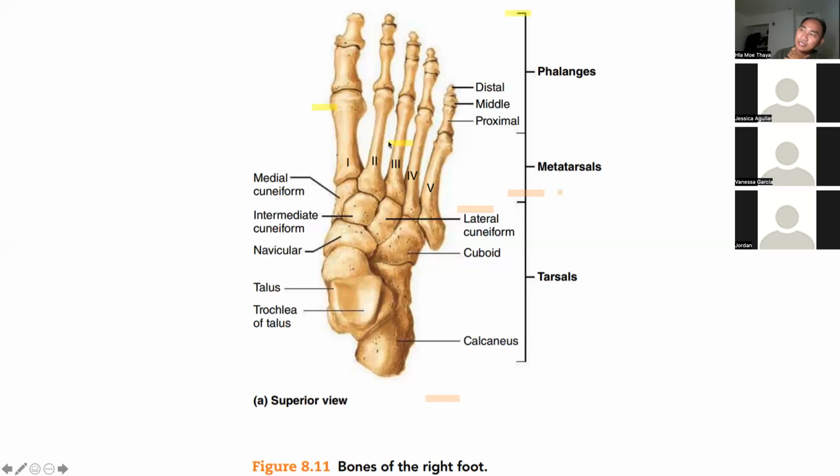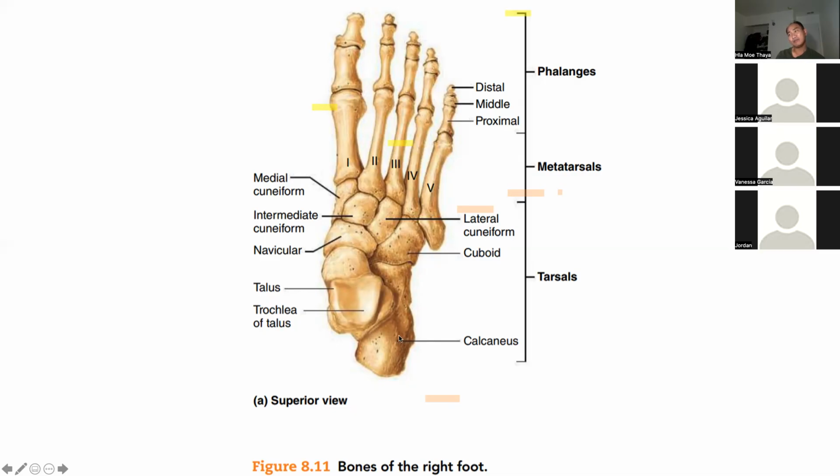And here, 1, 2, 3, 4, 5 metatarsals, plus the phalanges, like small little bones for the finger. So combination of metatarsal and distal to it with phalanges, that is what we call forefoot, F-O-R-E, F-O-O-T.